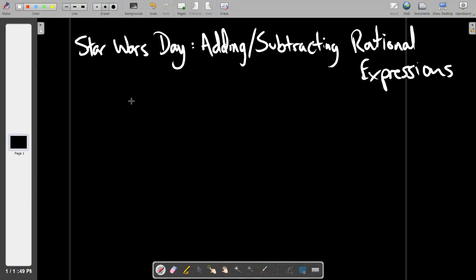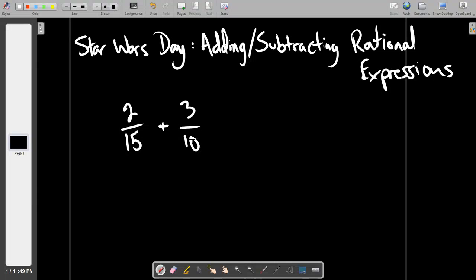So the problem I've been using is something to this effect: 2/15 plus 3/10. And you might think that that is a 4th grade math problem, and yeah, you'd be right. But at its core, if I can get you to understand the nature of what's going on, then I think it's going to help us with today.